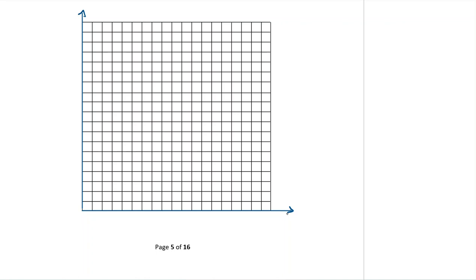Don't squash up your graphs. Graphs will look better if they're bigger. Down the bottom axis, I'm going to have color. And on the vertical axis, I'm going to have number of Skittles. So spread out every second space.